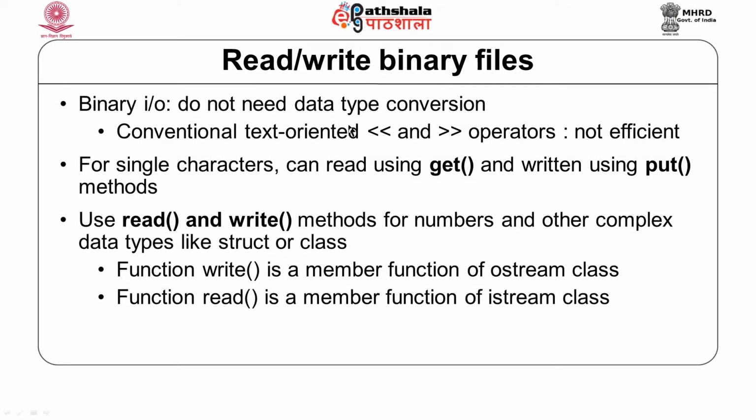In binary IO, because it does not require any type conversion, the conventional insertion or extraction operators will not be efficient, but we can still use get and put methods for reading or writing single characters, and the better way of doing this is by using read or write methods, which will work for any type of data, maybe numbers, maybe strings, maybe single characters, maybe objects, maybe structures, anything.